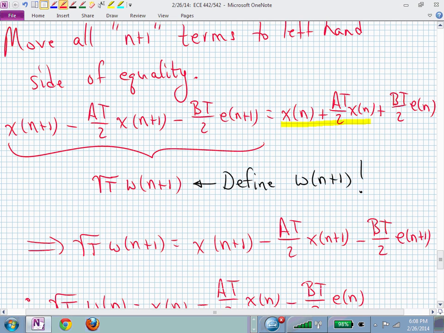So now what I want to do, because we were doing slapjacks, I have to keep going. So we have the square root of t, w of n plus 1, equaling, and this now becomes, I have to go blue because this is I plus at over 2 x of n.